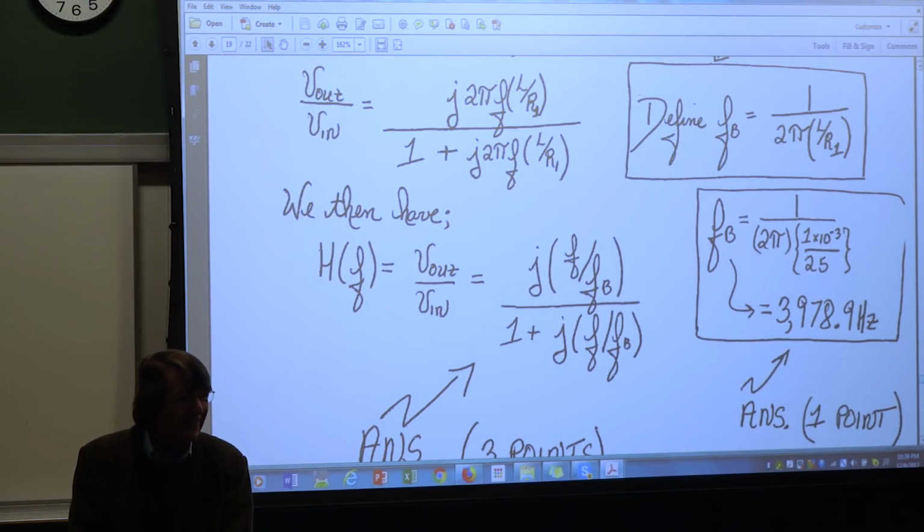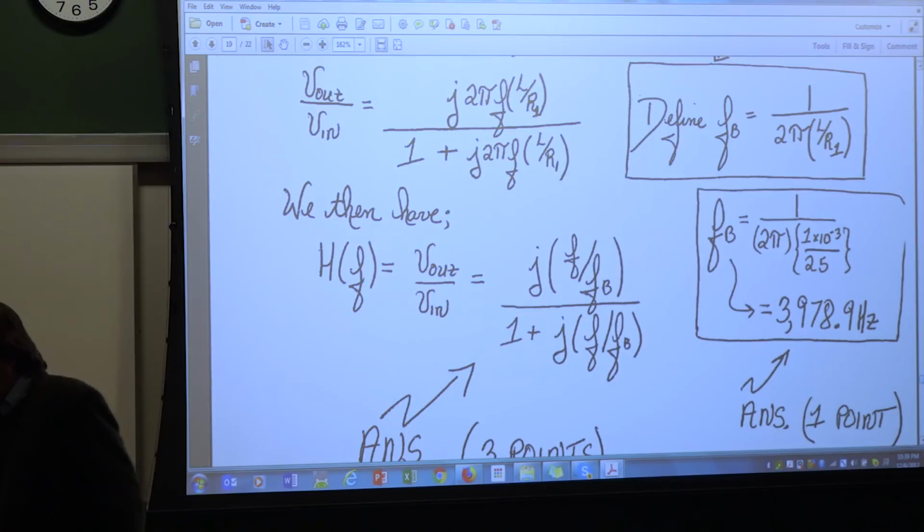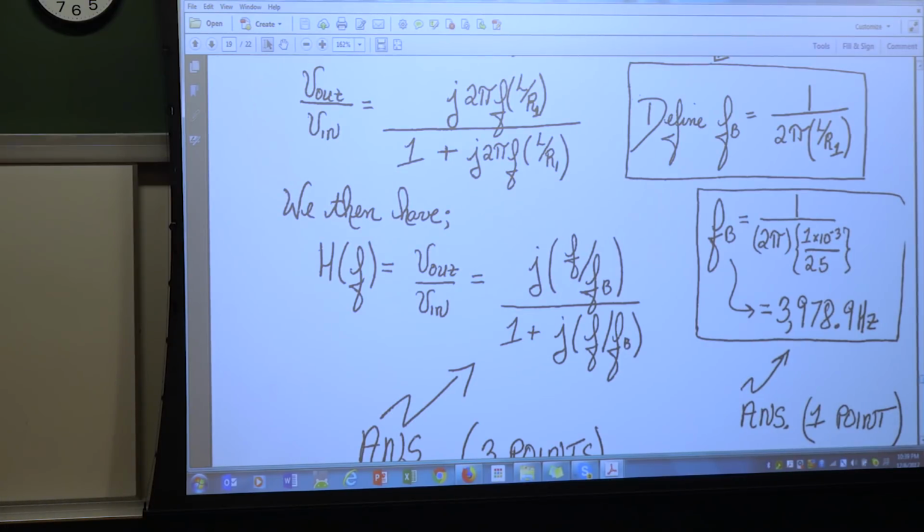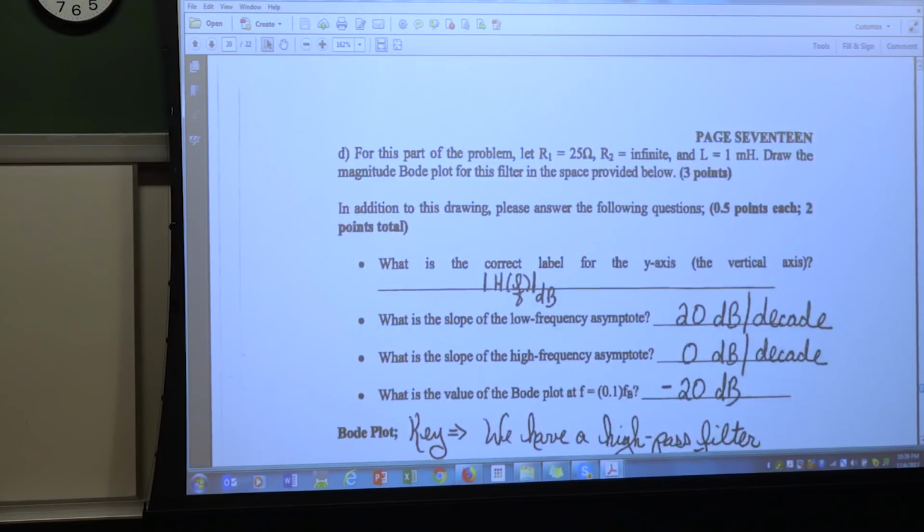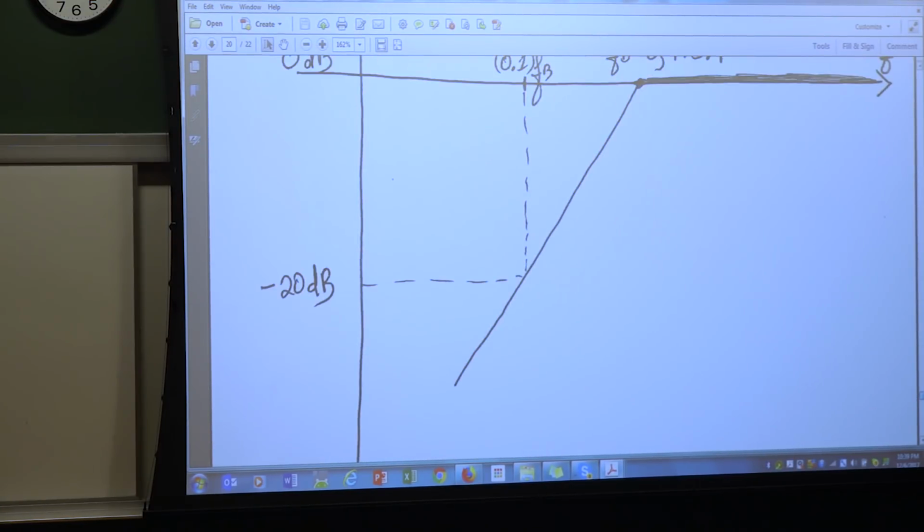The Bodie plot. All right. We're good? So we now have, the next one is the Bodie plot.